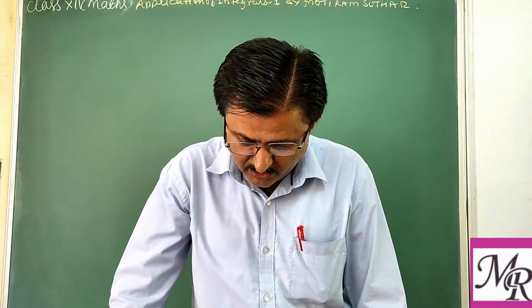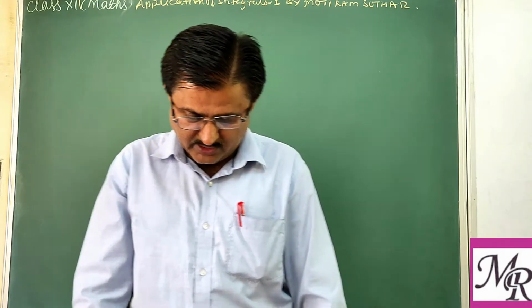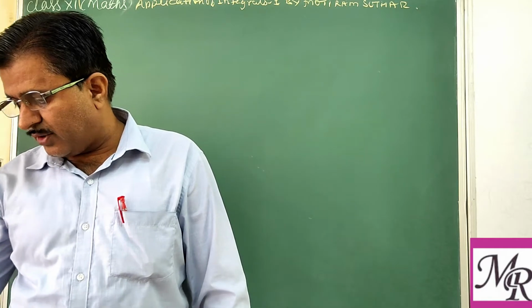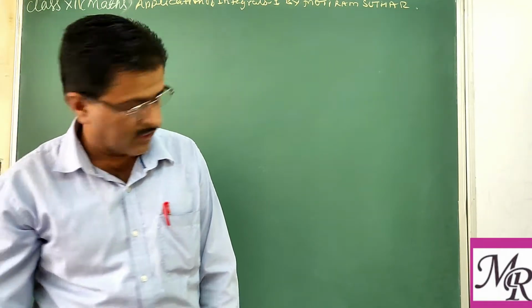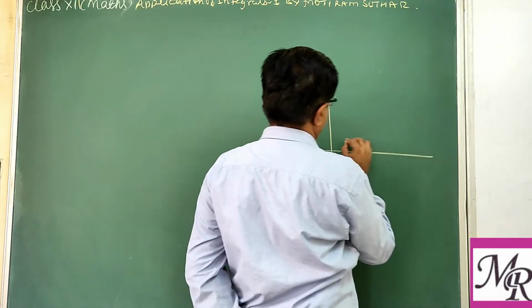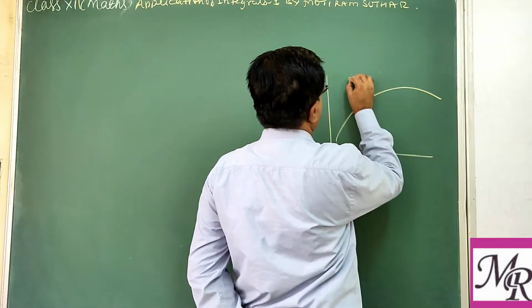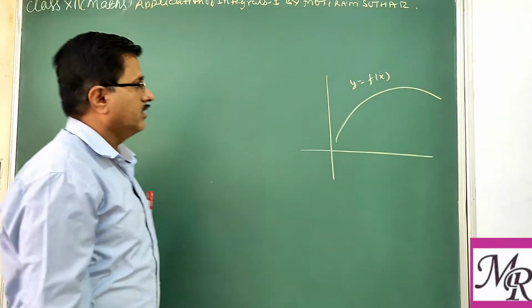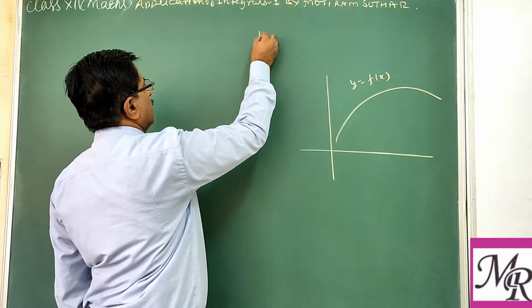So in the chapter of integrals, or in the previous chapter, we have seen the curve y equal to f(x). If we are taking a curve like this, y equal to f(x), we have definite integrals.